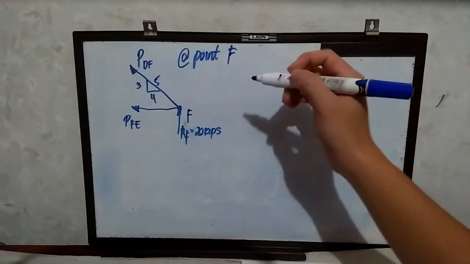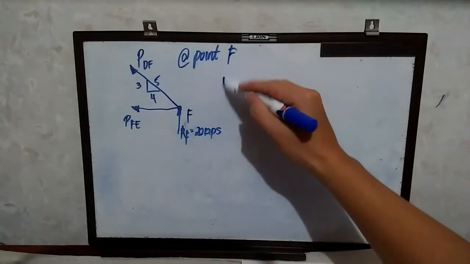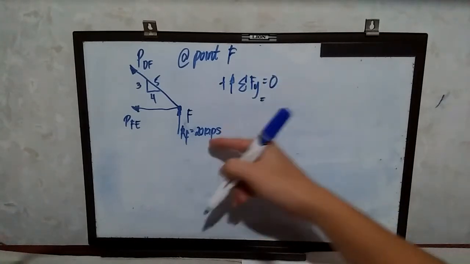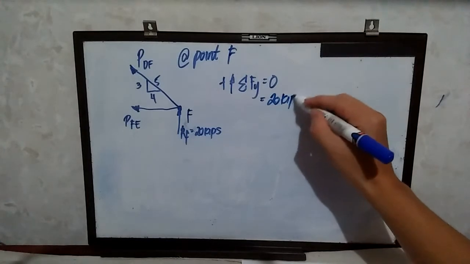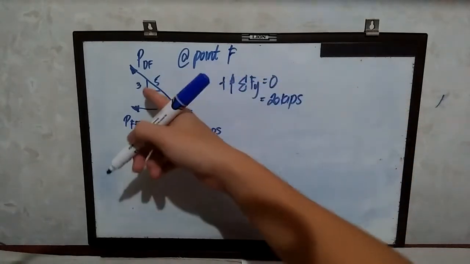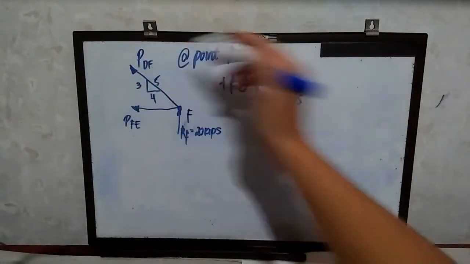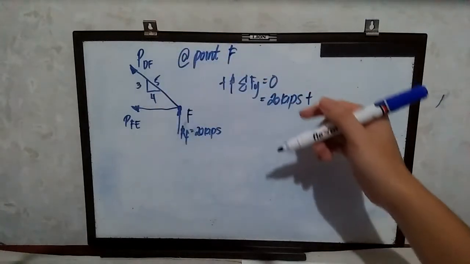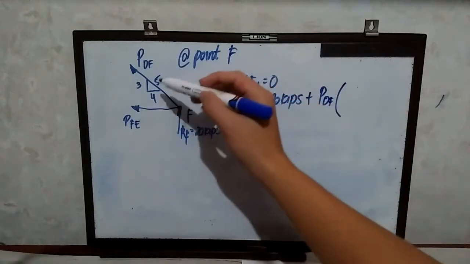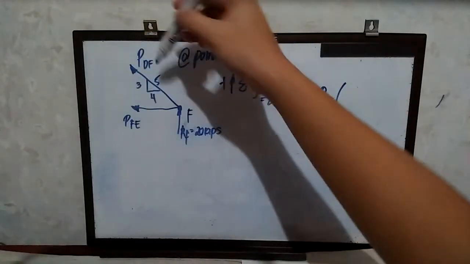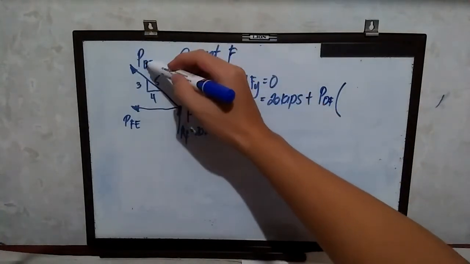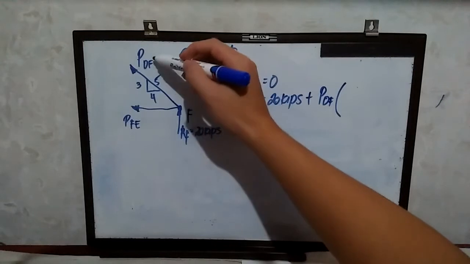Applying the laws of equilibrium, the summation of forces going upward, positive along the y-axis, is 20 kips, 20,000 pounds. The initial assumption is tension. So let's get the y component of P sub DF. Going upward, it is P sub DF multiplied by its slope, because it is acting upward. P sub DF is the resultant, and then we have the y component and the x component of P sub DF.